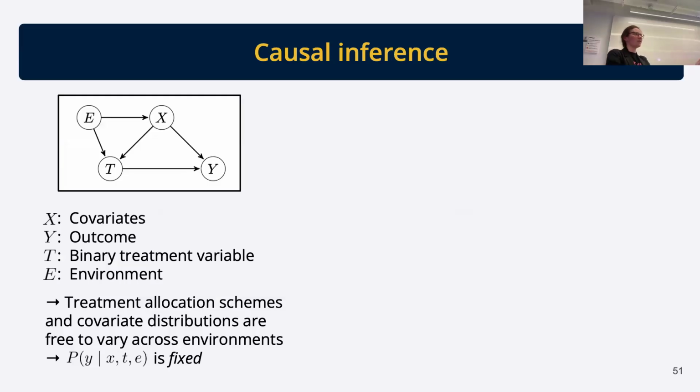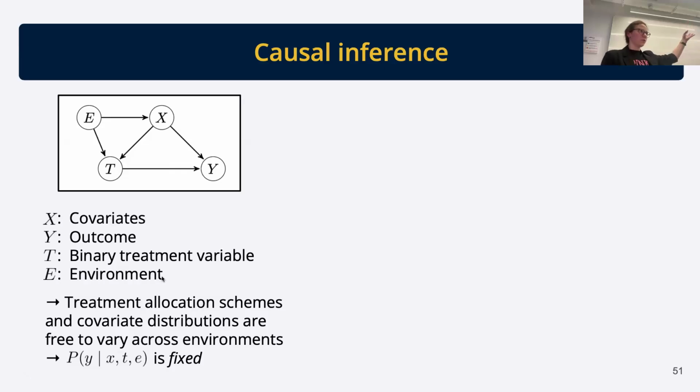So this is our assumption on the generative process, right? We have a bunch of covariates that we call X. The outcomes again are denoted by Y. T is the treatment variable, and we're going to assume a binary treatment variable. And E is the environment, right?